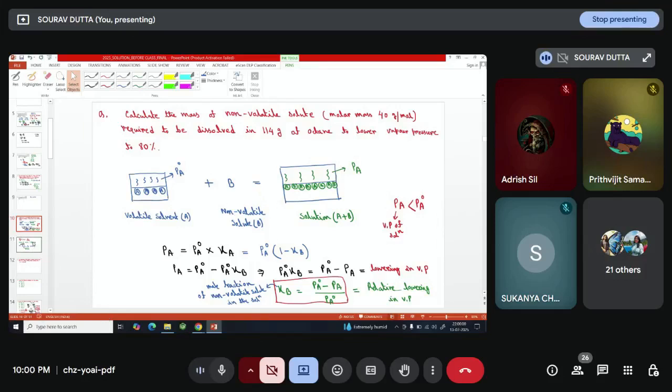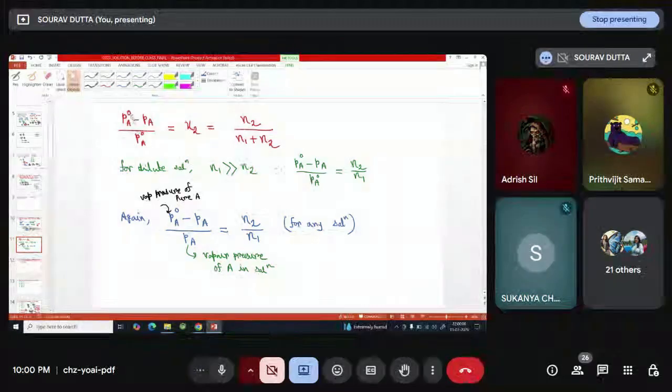Here is another important formula that you have to know. PA naught minus PA by PA naught equals XB, that is relative lowering of vapor pressure, equal to the mole fraction of the solute. The mole fraction of the solute is the mole number of the solute divided by the total mole number, N1 plus N2.